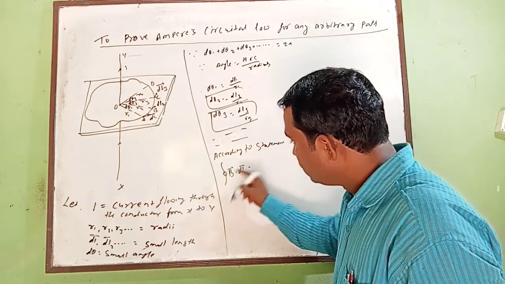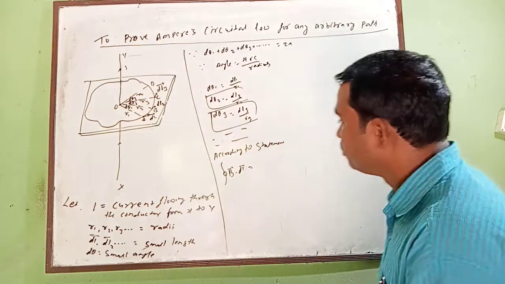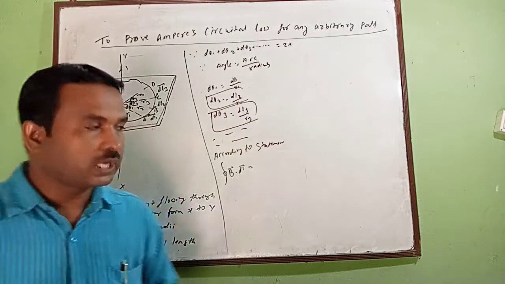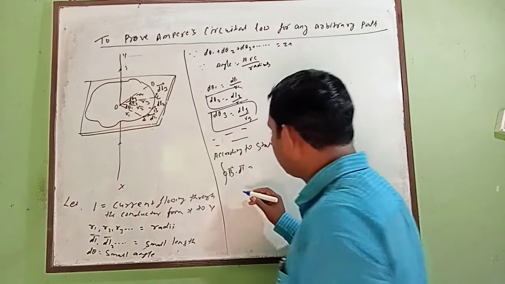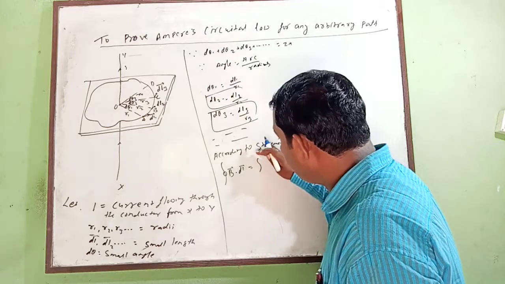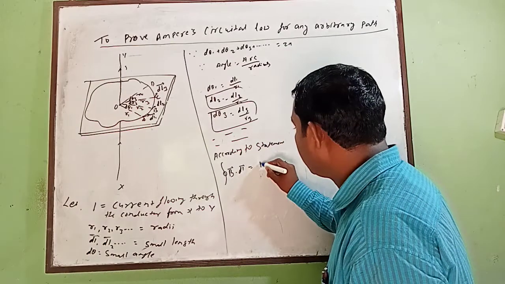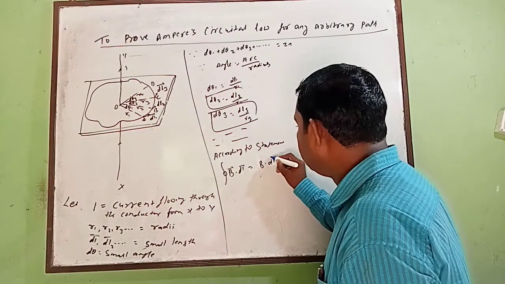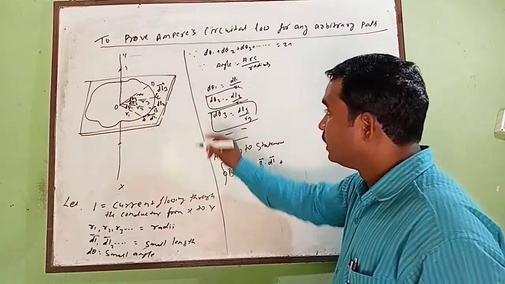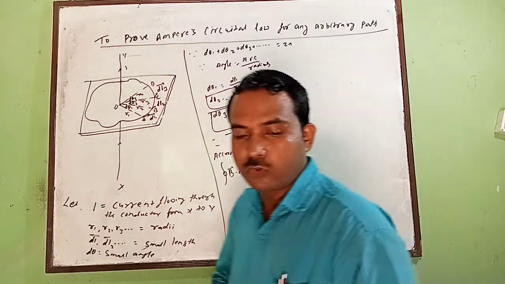If you break this up, you can write it as an addition: B dot dl in vector form, plus, and give numbering 1, 2, 3, 4, 5 like that.